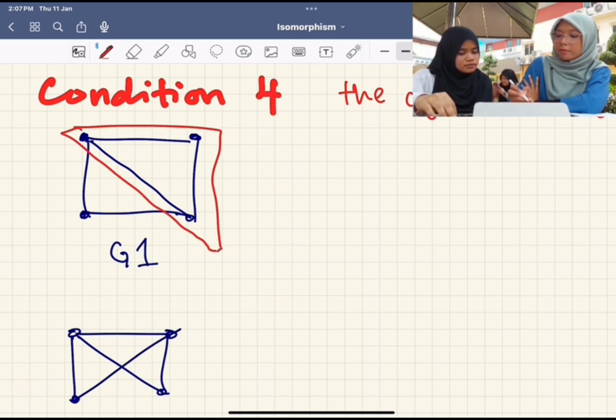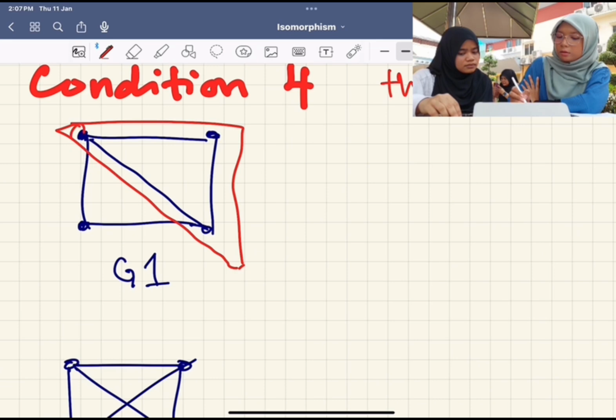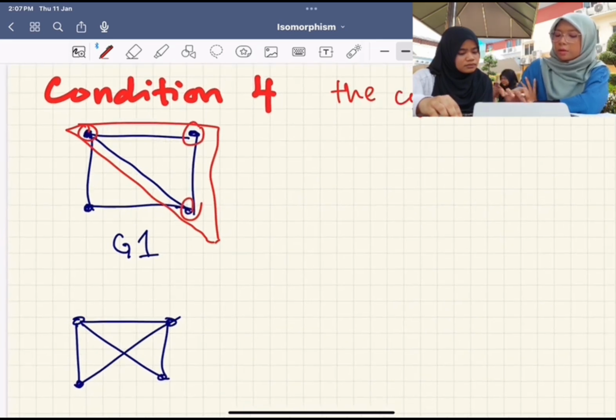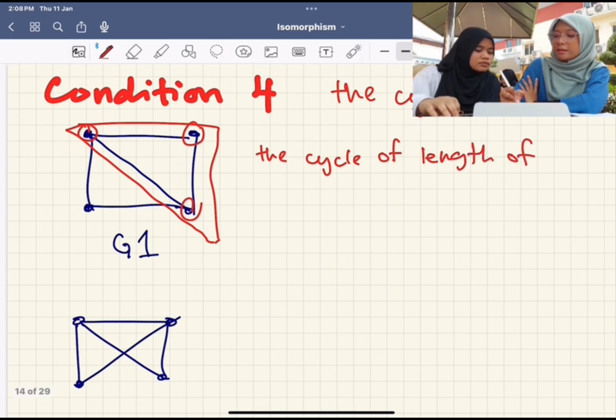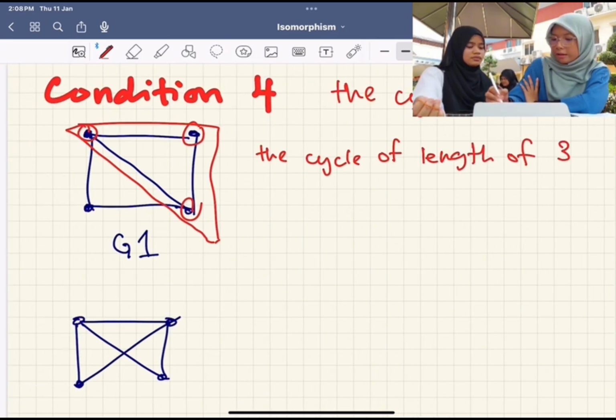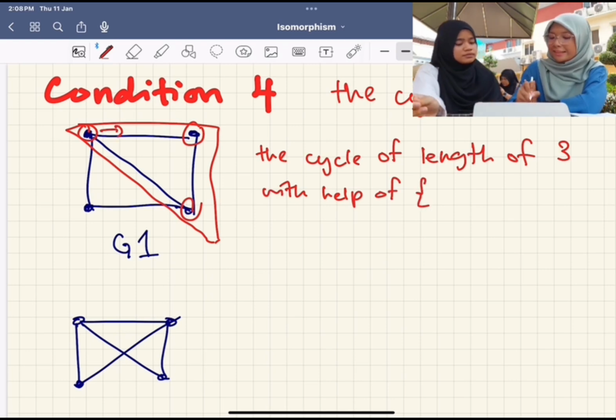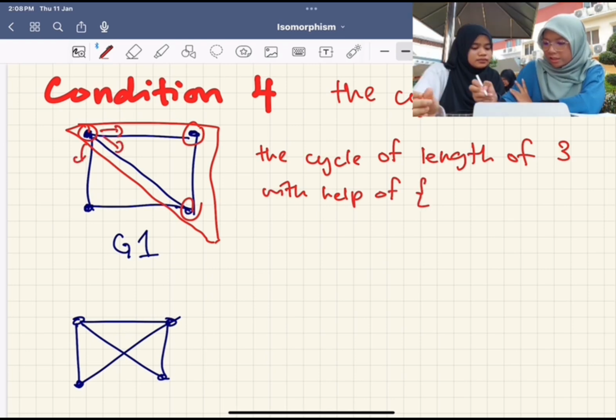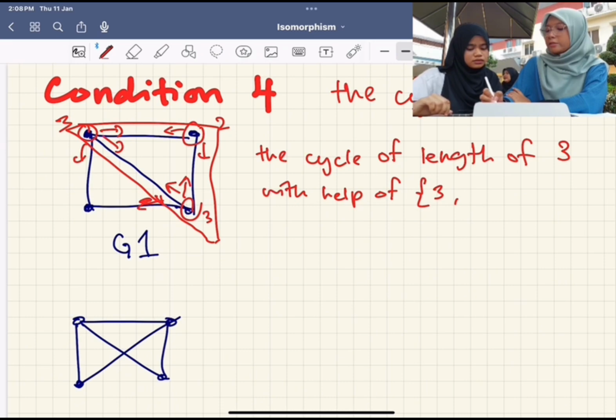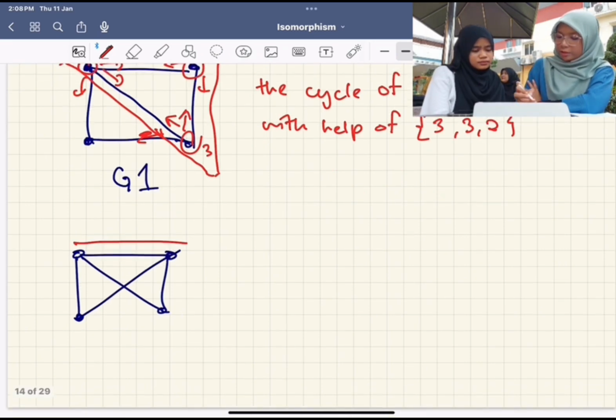The cycle length for this question is this one, and this one. So we have 1 vertex, 2 vertex, and 3 vertex. So we can say the cycle has a length of 3. The 3 refers to the vertices themselves. We need to know the degree of each vertex that we include. This is 3, this is 2, this is 3. So 3, 3, 2. For this one, 1, 2, 3, also the same.